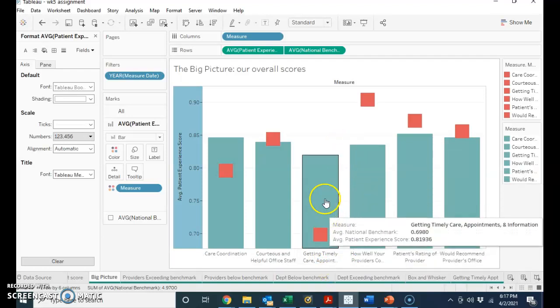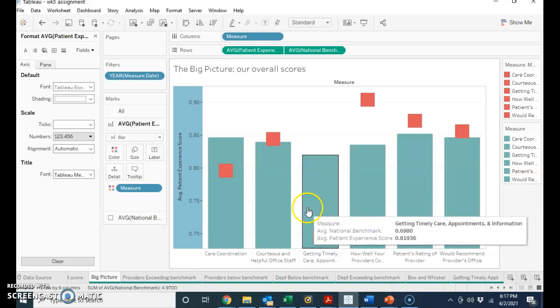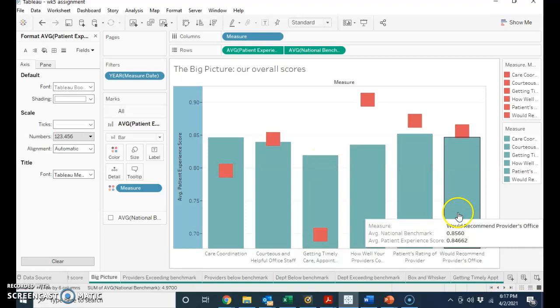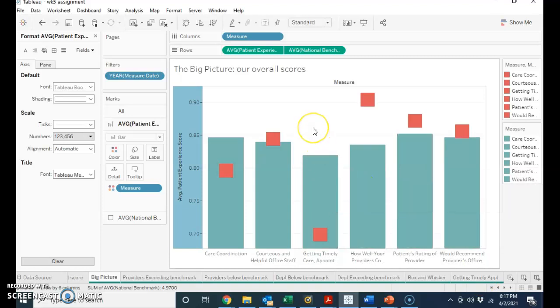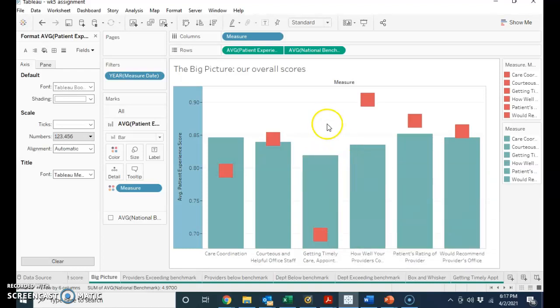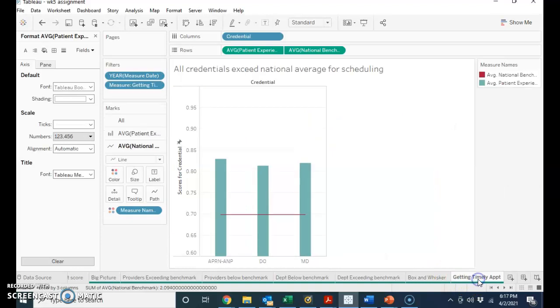So this practice is really doing very well, even though it is their lowest score. But they still clearly believe that there's an opportunity to increase revenue since their patients are having such a hard time getting timely appointments. So let's take a look at the type of credentialing that they should seek to fill.